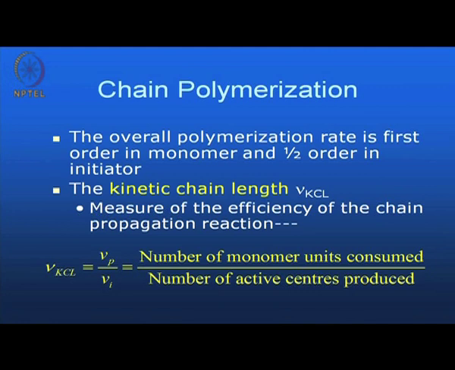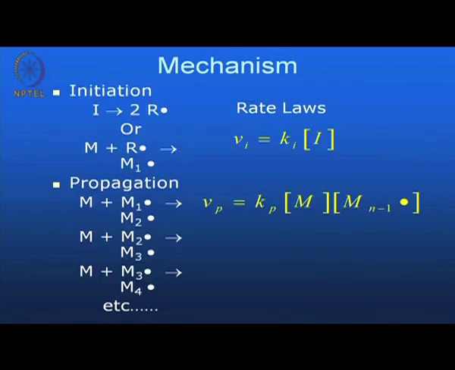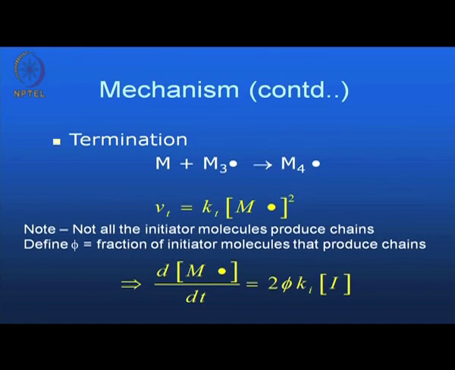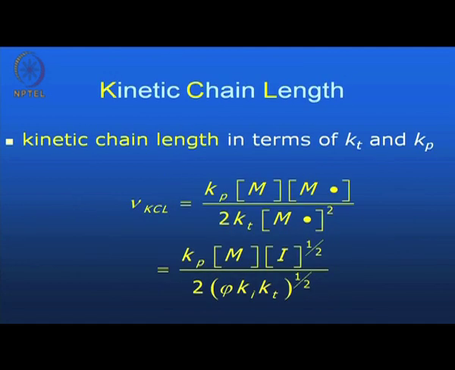For chain polymerization we talked in terms of kinetic chain length, and also a little about the mechanism and how the kinetic chain length can be calculated. Finally, we came to the conclusion that the kinetic chain length is first order in monomer concentration and half order in initiator concentration.